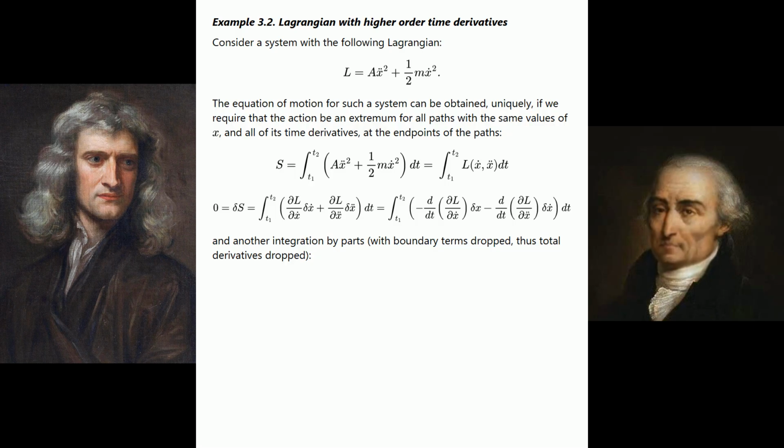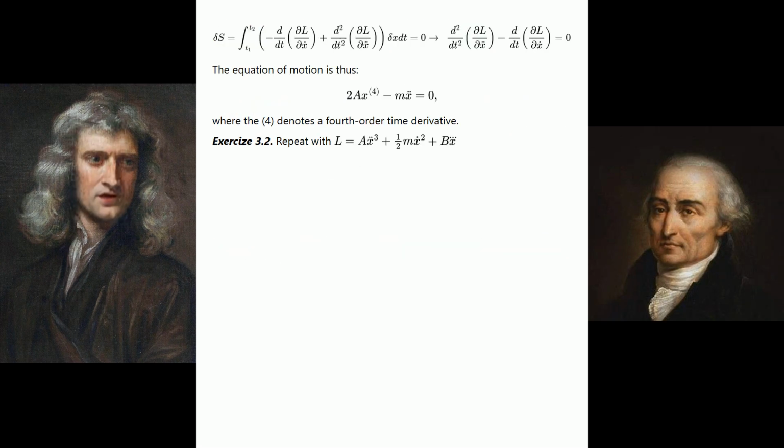And another integration by parts, with boundary terms dropped, thus total derivatives dropped. See the equation shown. The equation of motion is thus, where the 4 denotes a fourth-order time derivative. Exercise 3.2. Repeat with L = ax³ + 1/2 m ẋ² + bx.